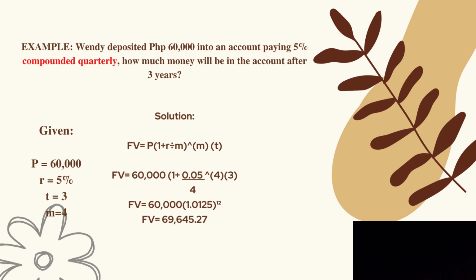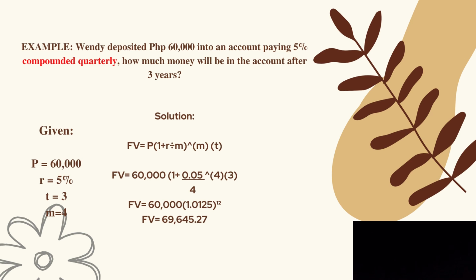So, for the solution, FV equals P in the quantity of 1 plus rate divided by M, raised to M and time. So, FV equals 60,000 in the quantity of 1 plus 0.05 divided by 4 raised to 4 and 3.